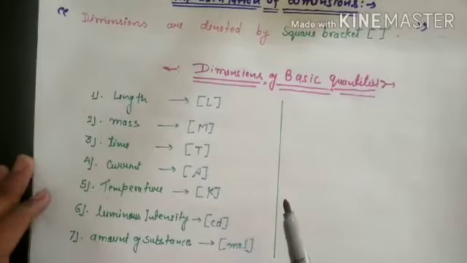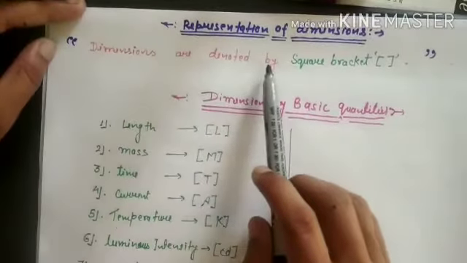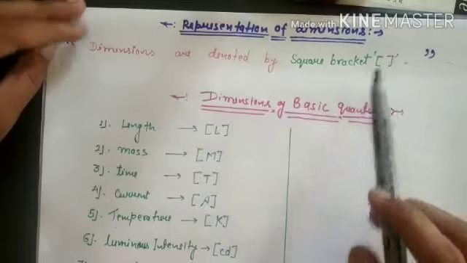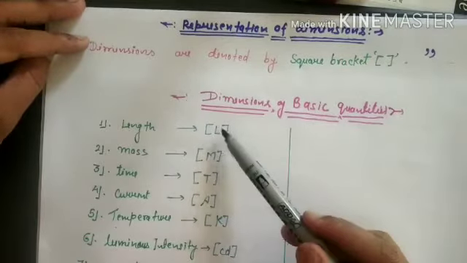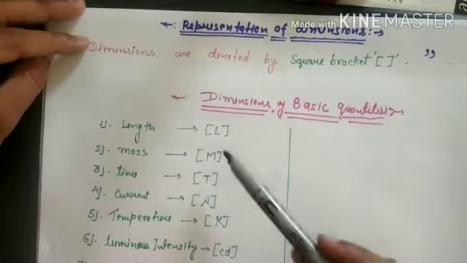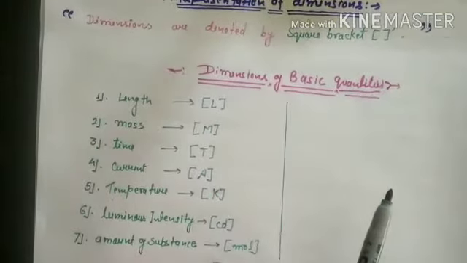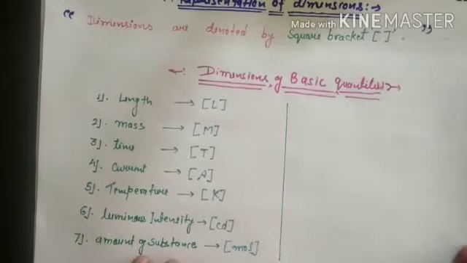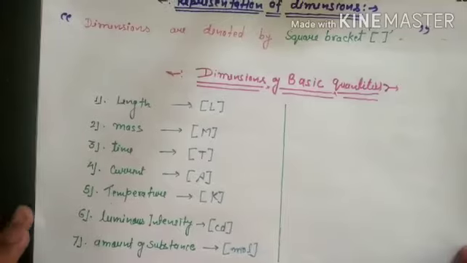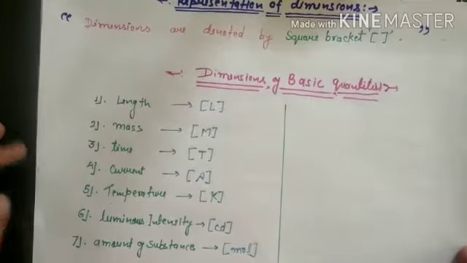And one more thing, dimensions are denoted by a square bracket. All these letters are written in a square bracket, you can see here. These 7 dimensions of fundamental quantities are used to develop dimensions of derived physical quantities.